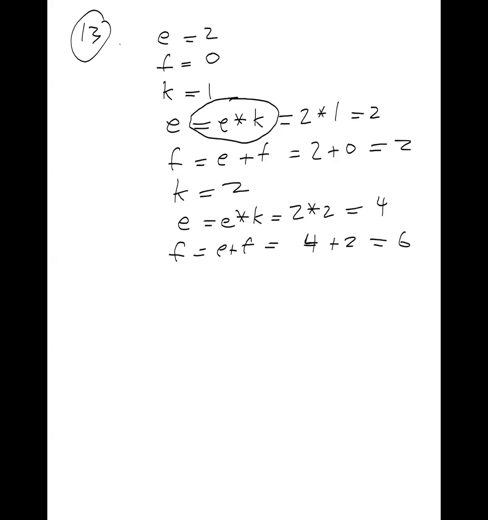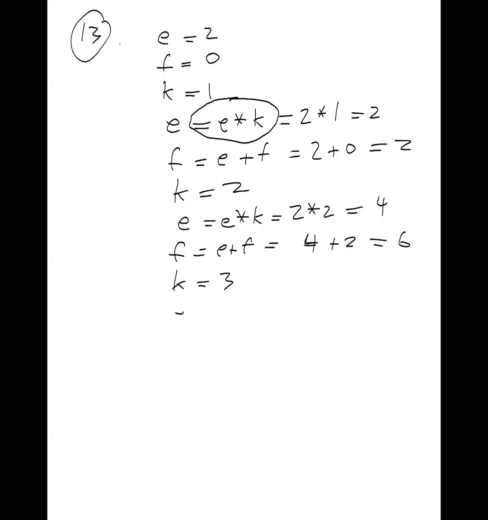Let me know if you see any mistakes I'm making, because you have to really concentrate hard when you're doing this. Even just looking up and back and forth makes your mind lose track of it. So F equals E plus F, and then we're going to go back to the top of the loop again. K equals 3. That's the third part of the loop.